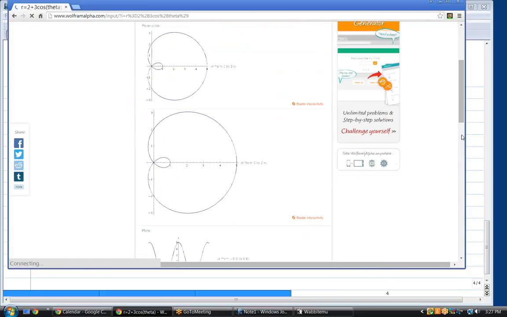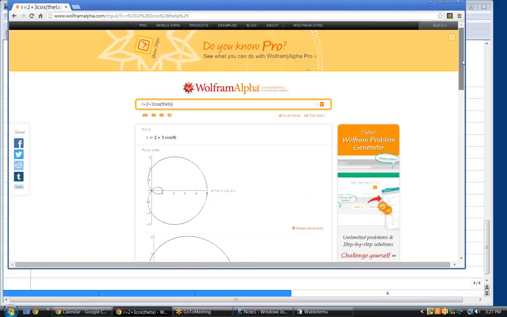Okay, this is called a cardioid. If we try to figure out where this cardioid starts from, we start with 0. Cosine of 0 is 1, times 3 is 3, add 2. There's our starting point right there, and that is an r of 5.